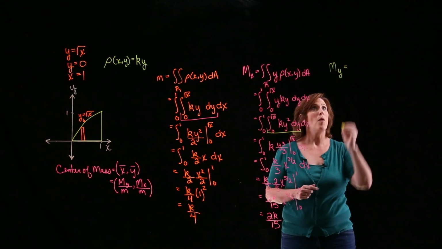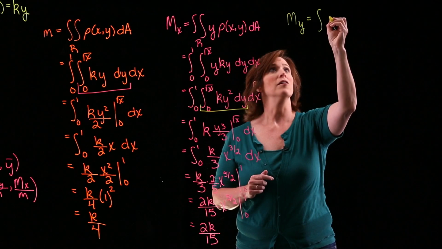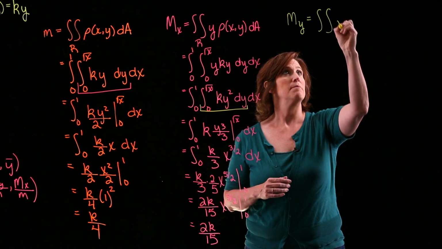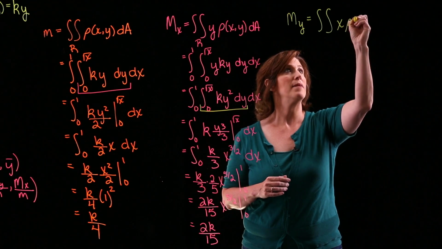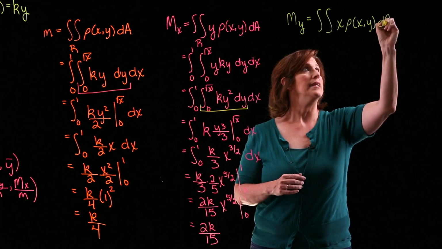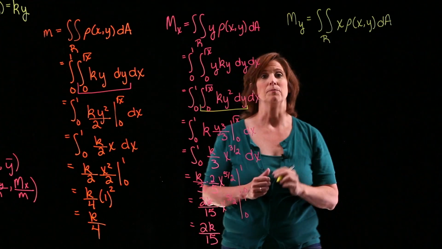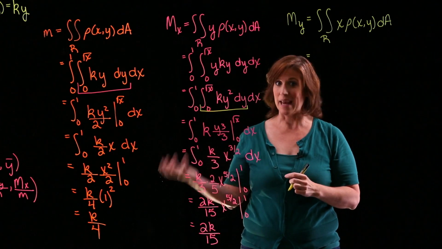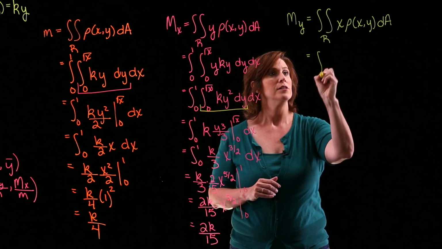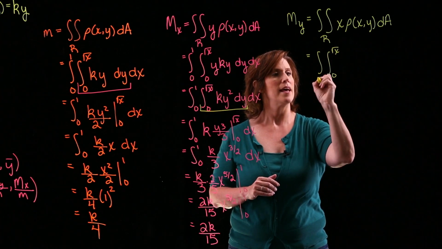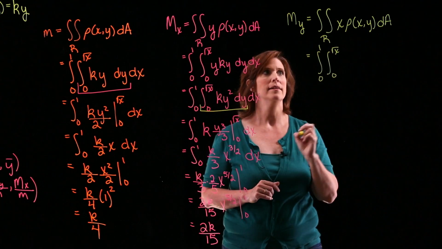Okay, now I need to work on the moment about the y-axis. To get the moment about the y-axis, again, I have a double integral. The distance to the y-axis can be represented by an x, and then I have my density function, dA, and that's over a region. I'm going to represent the region the same way that I have before. So I'll be going from 0 to the square root of x, and from 0 to 1.